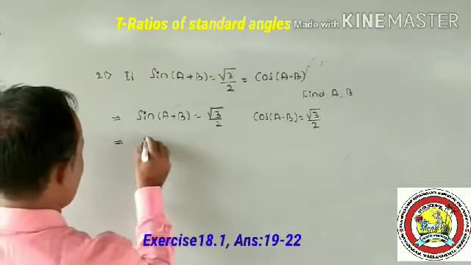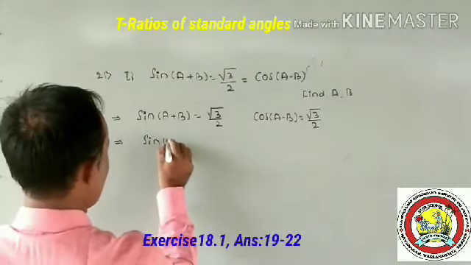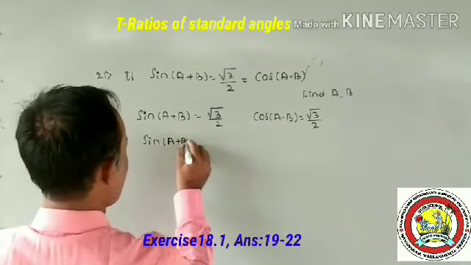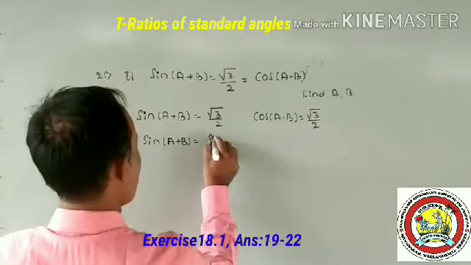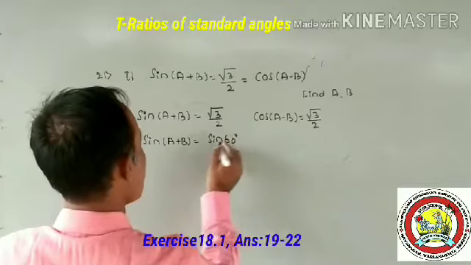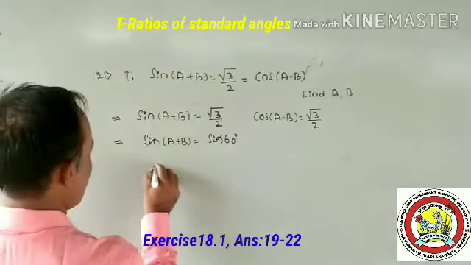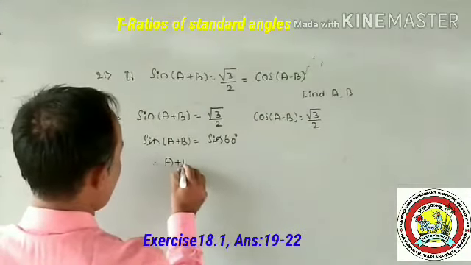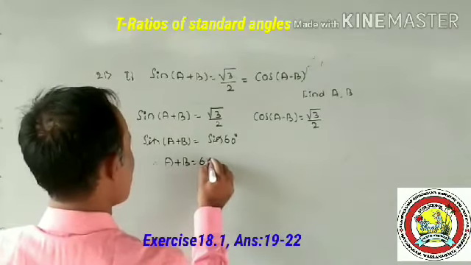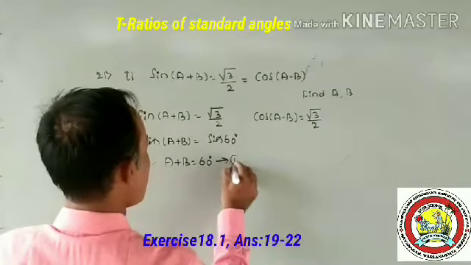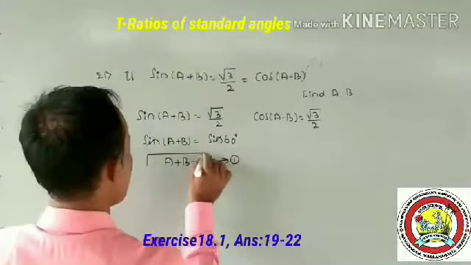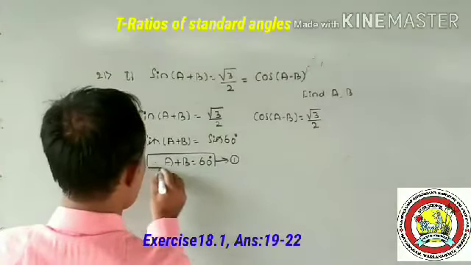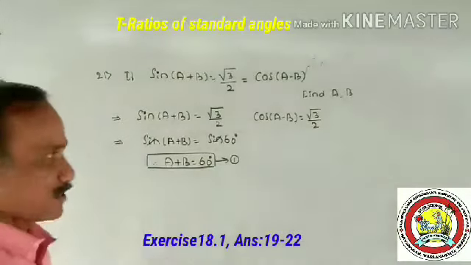As usual, sine of a plus b, root 3 by 2, can be written as sine 60 degrees. So sine gets cancelled. This implies the value of a plus b is equal to 60 degrees. Call this equation 1. A and b are variables in the equation.